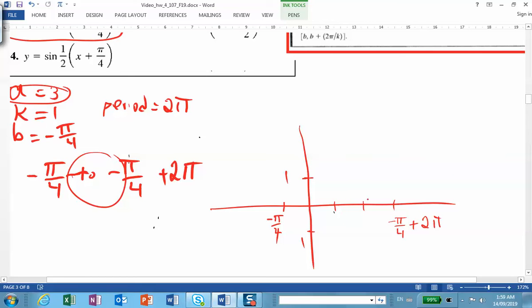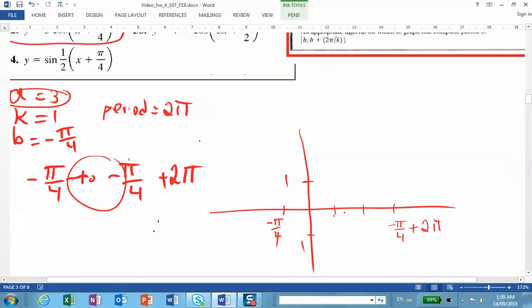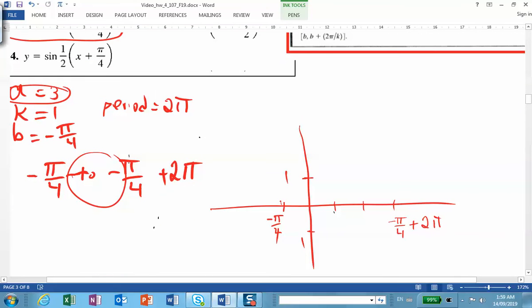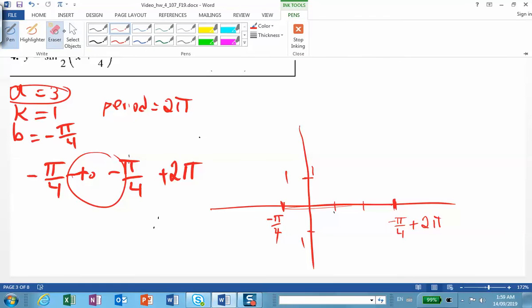Okay, so I have to take a cycle of cosine which starts here and ends there and stick it in that interval. Let me move this one a little bit to the right so that it won't interfere with my drawing.